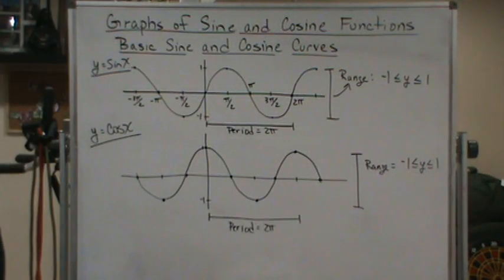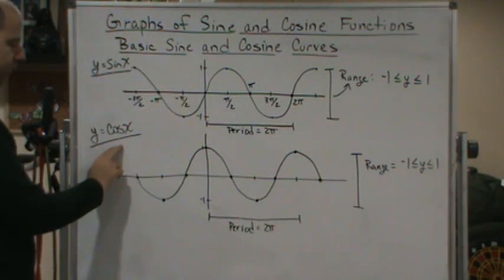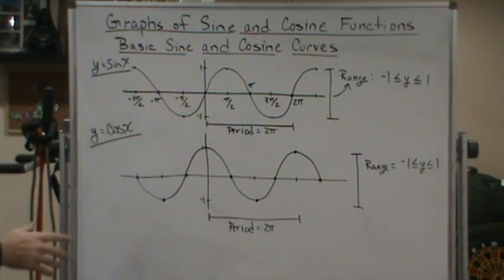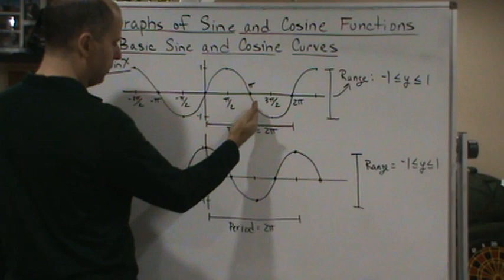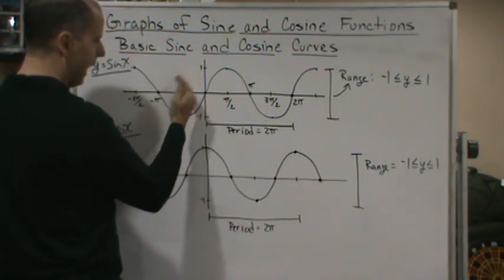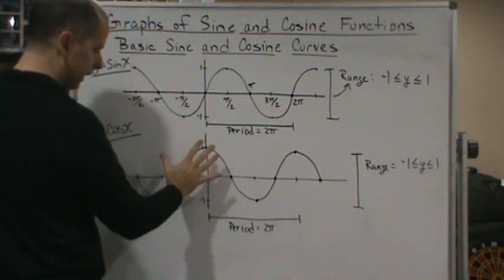And then if we compare that to the cosine function, we see something similar, except that it's just shifted pi over 2. If we shift the sine back pi over 2, then we get the cosine function.